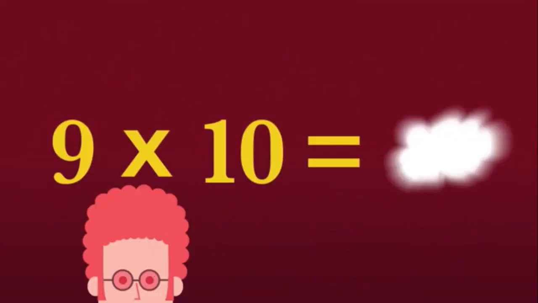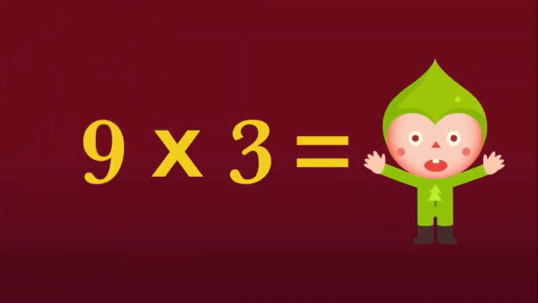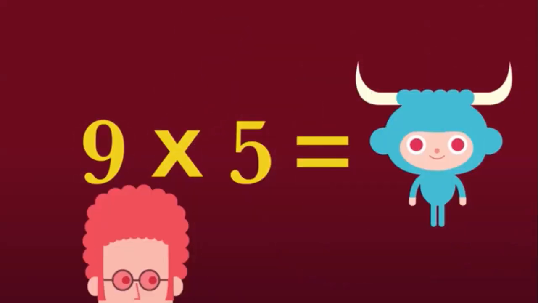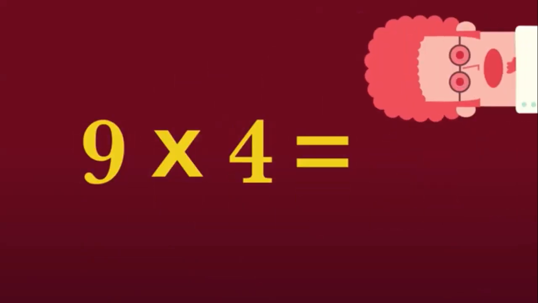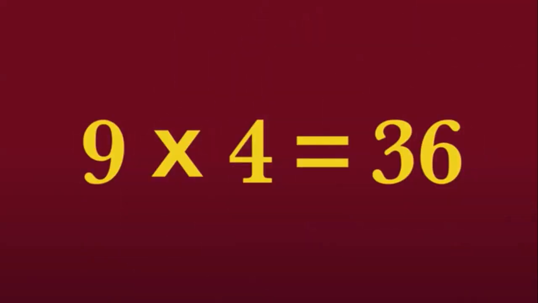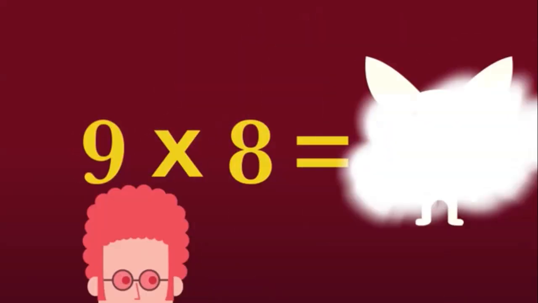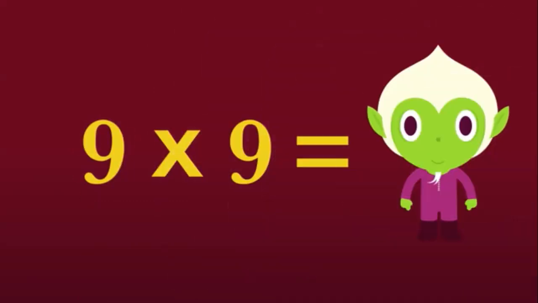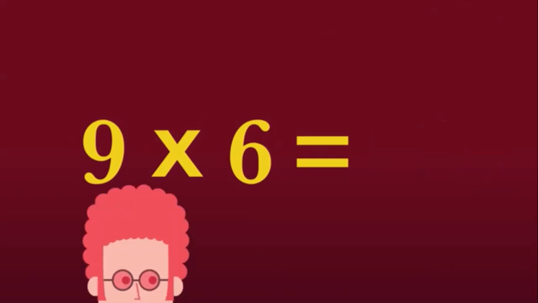9 times 10 is 90. 9 times 3 is 27. 9 times 2 is 18. 9 times 7 is 63. 9 times 5 is 45. 9 times 4 is 36. 9 times 8 is 72. 9 times 9 is 81. 9 times 6 is 54.